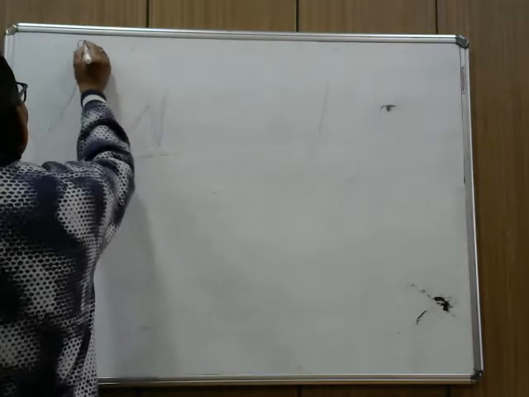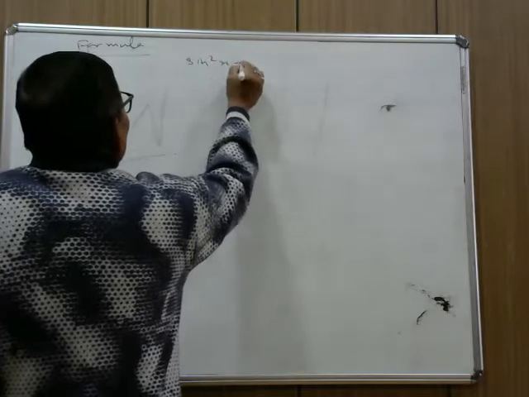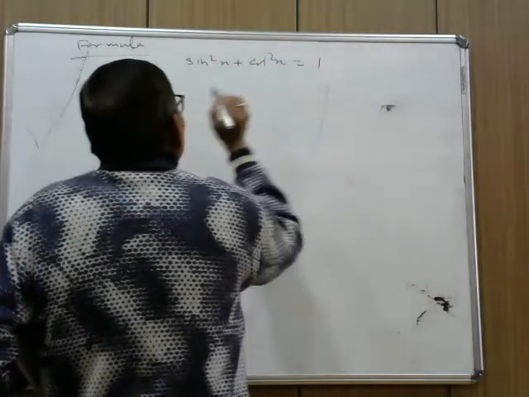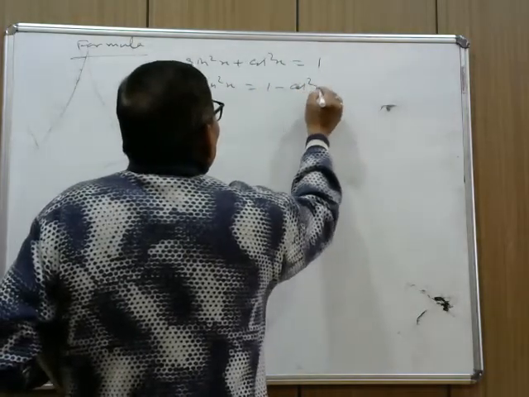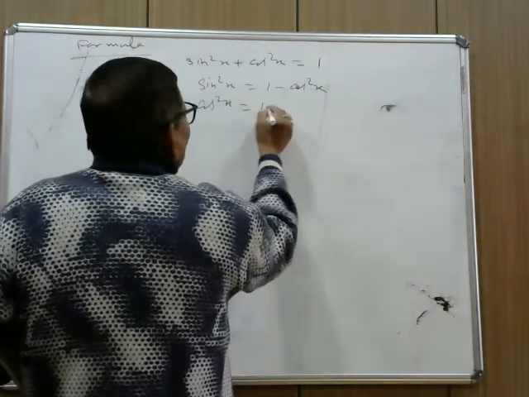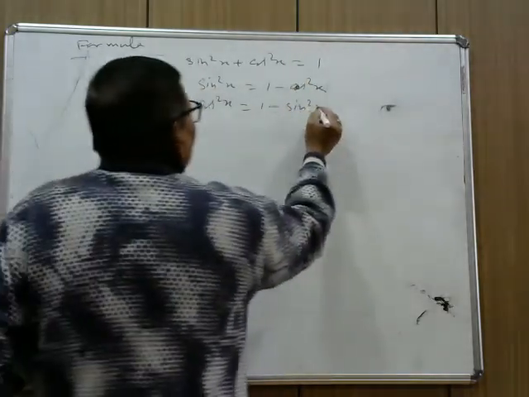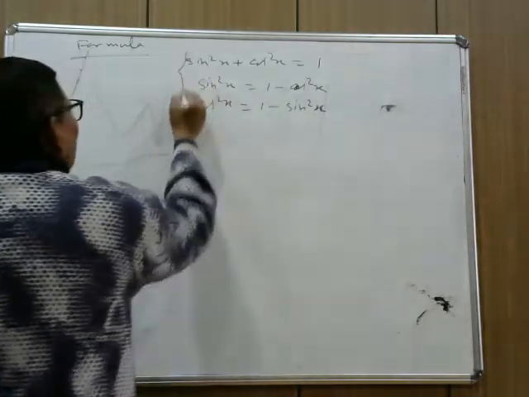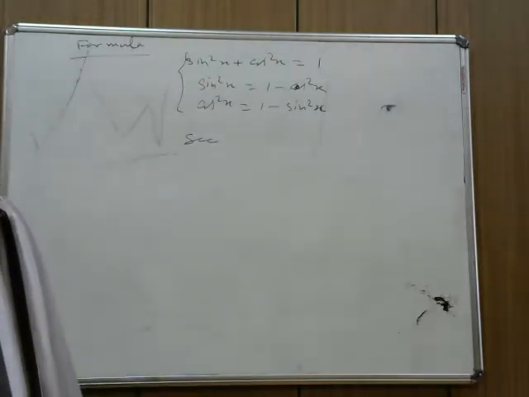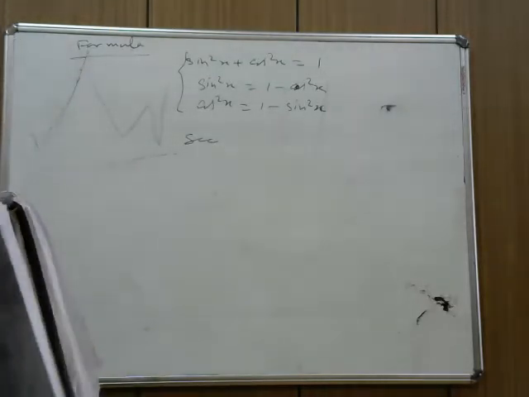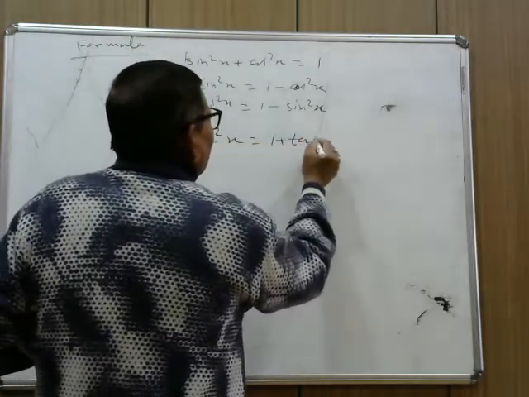You know some formulas. Sin square x plus cos square x is 1. From here, sin square x is 1 minus cos square x, and cos square x is 1 minus sin square x. This is one set. Then another is sec square x is equal to 1 plus tan square x.